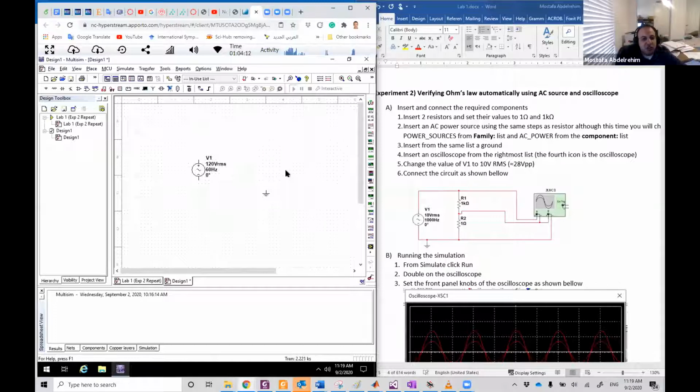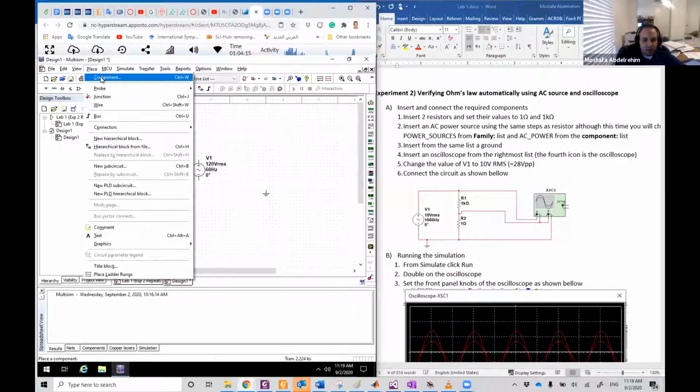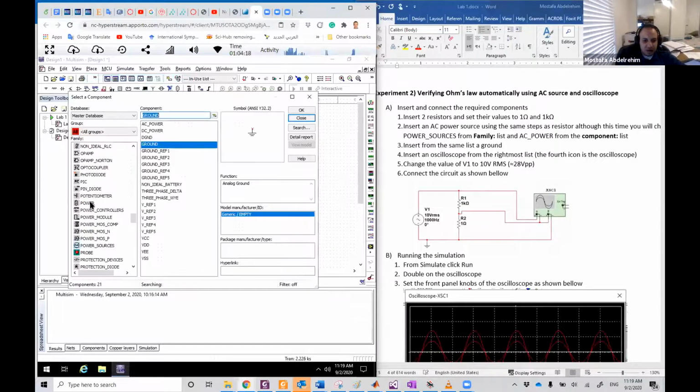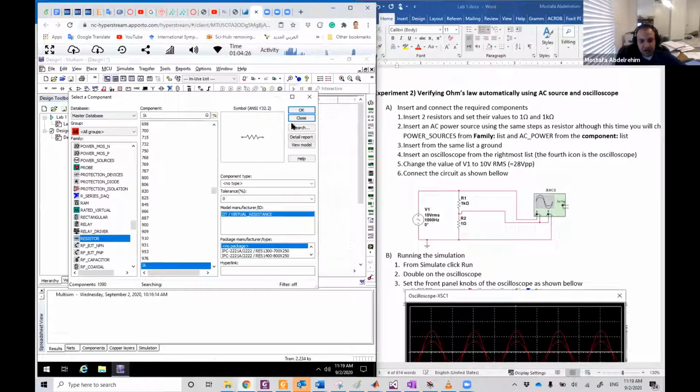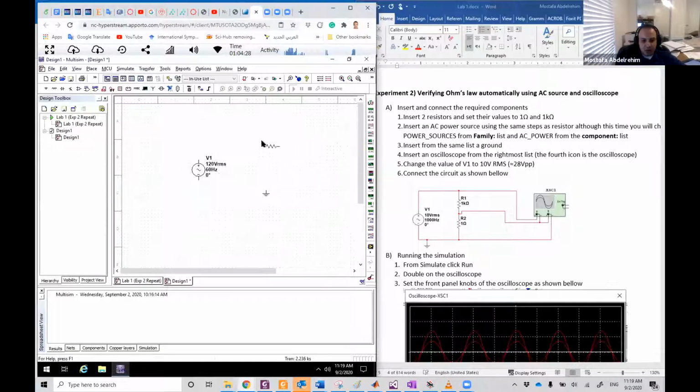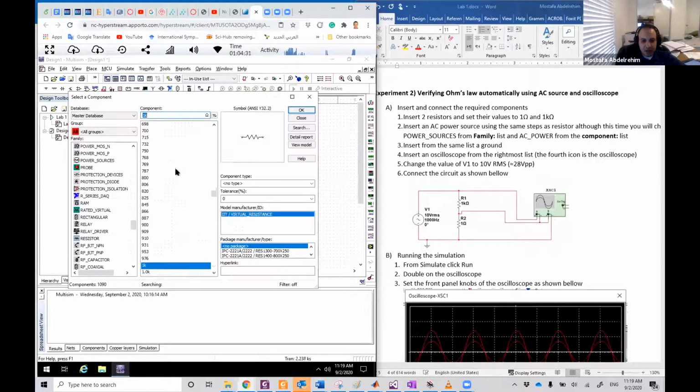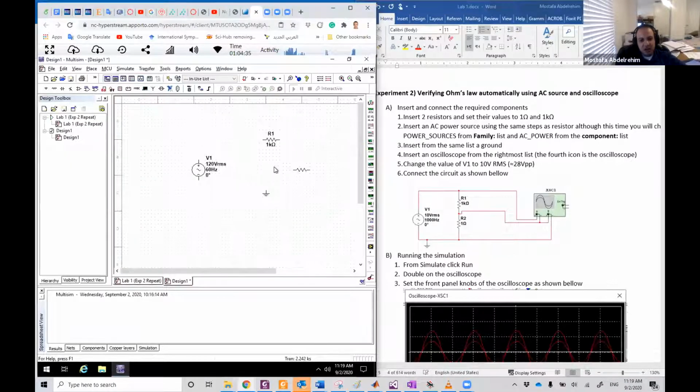And we need 2 resistors now. So place component, resistor. Yeah, this guy. 1 kilo ohm. And we need another one, which is 1 ohm. Just pick again 1 kilo ohm, that's fine.